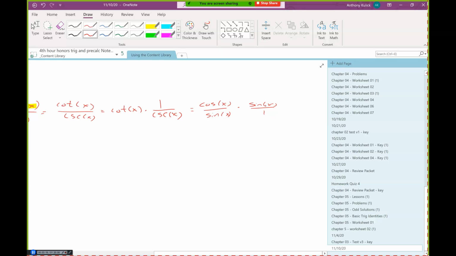That was one of our reciprocal identities. And because it's being multiplied to a fraction, I wrote it as sine over 1. And then we're left with cosine. And you can't do better than one identity, right? So that's as good as we can do.